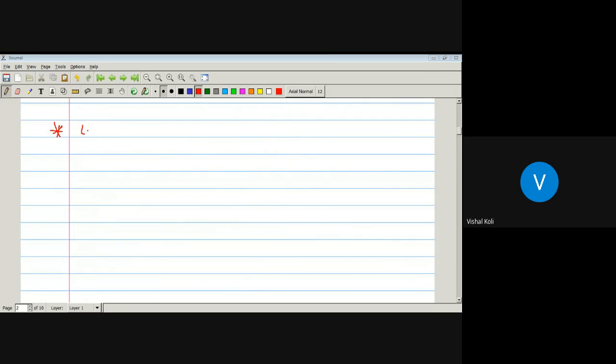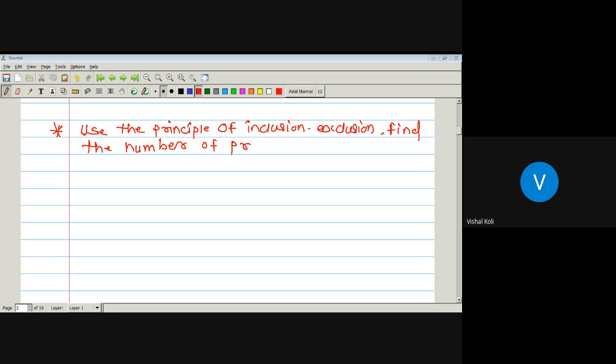Use the principle of inclusion-exclusion to find the number of primes less than 100.